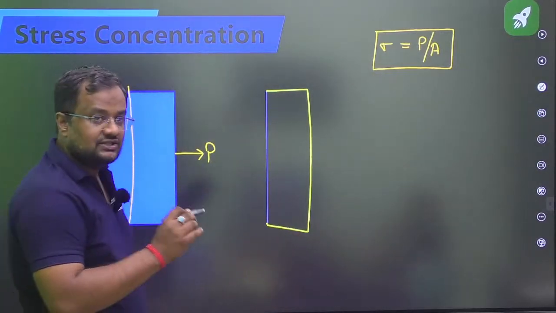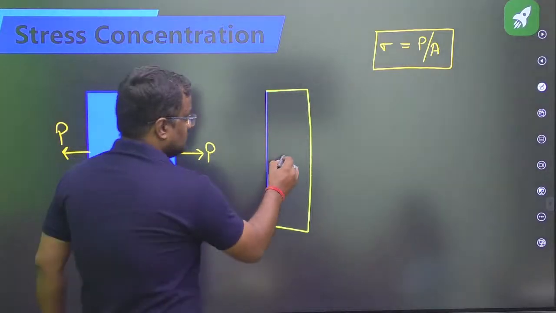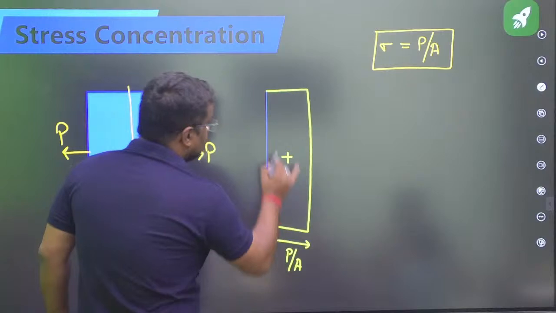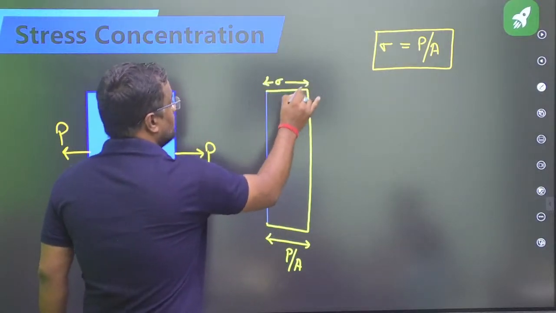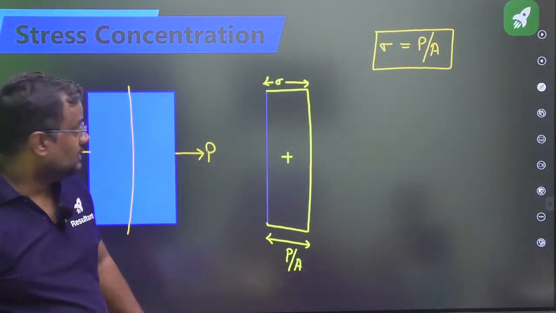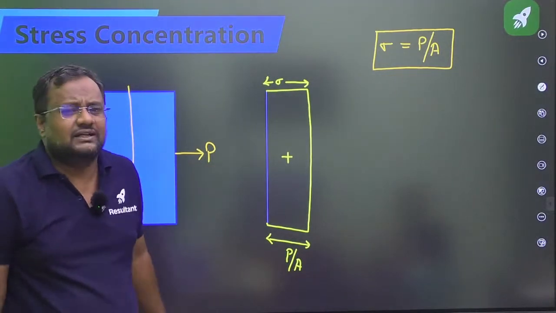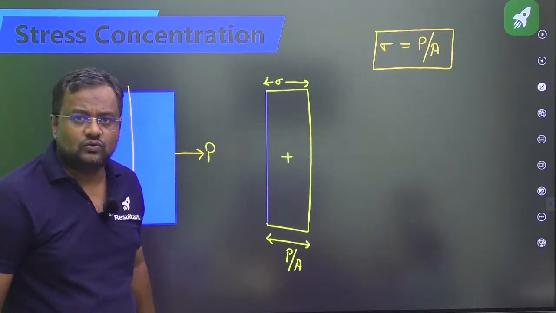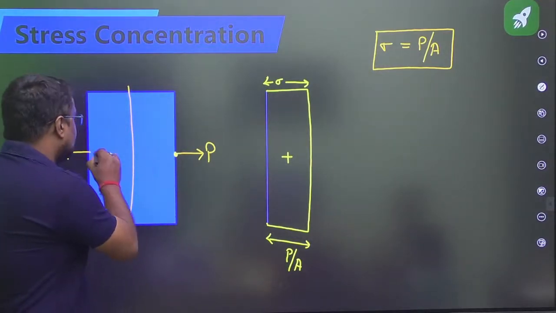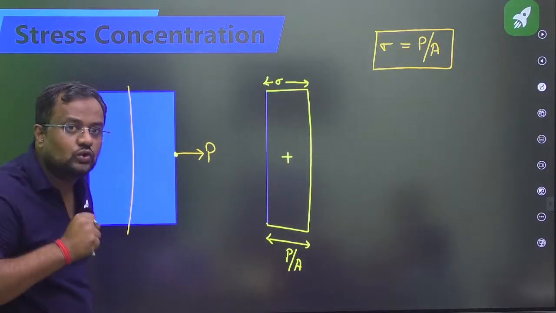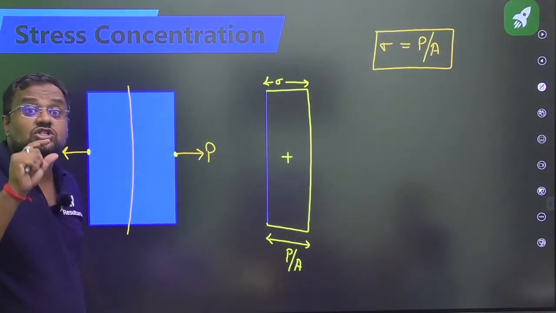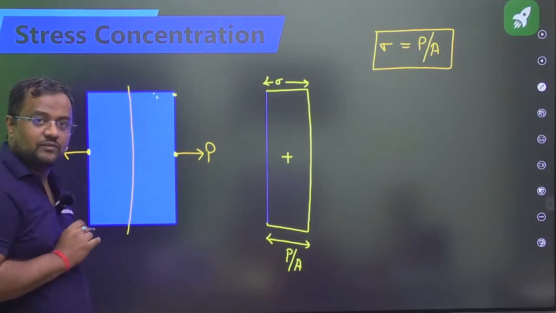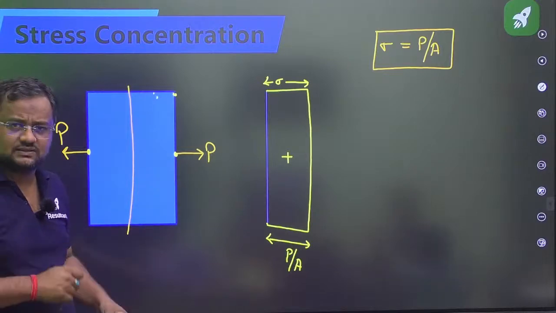For tension, because I am applying a tensile force, it will be like this, and this magnitude is P by A. This is the stress, and we assume that at every section the stress is P by A. But to be very practical with you, at the point where the load is applied, at those molecules, those atoms, the stress will be more, and at points farther from the point of application the stresses will be less.